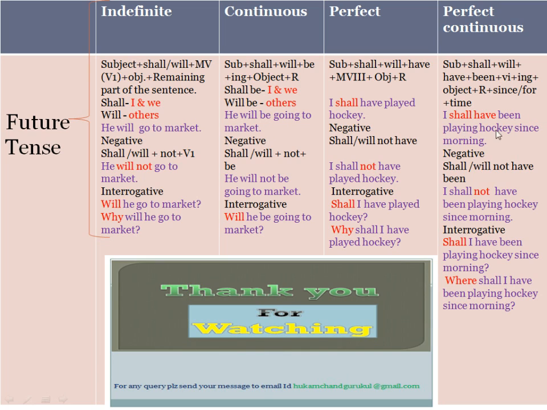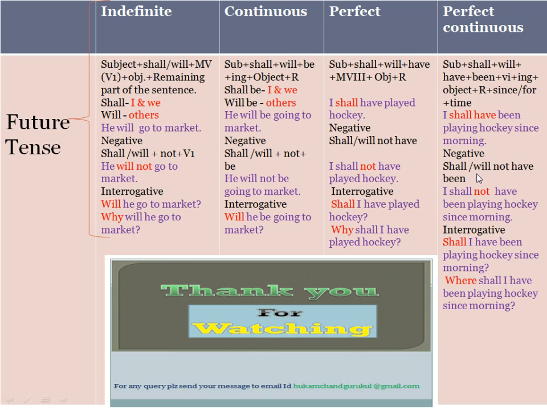I shall have been playing hockey since morning. Time is given, morning. So it is future perfect continuous, and we use here shall have as a helping verb, been, and first form of the verb with ing, and time is also given.